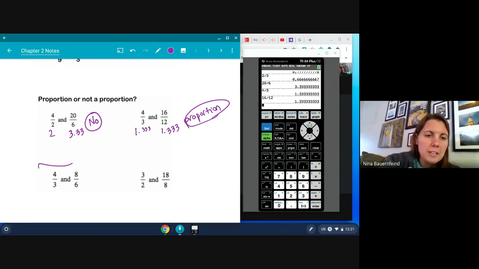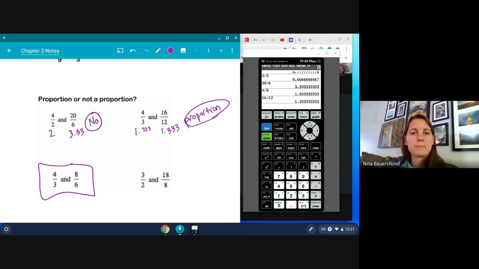Can you guys try this one really quick? So do you guys think this is a proportion or not a proportion?